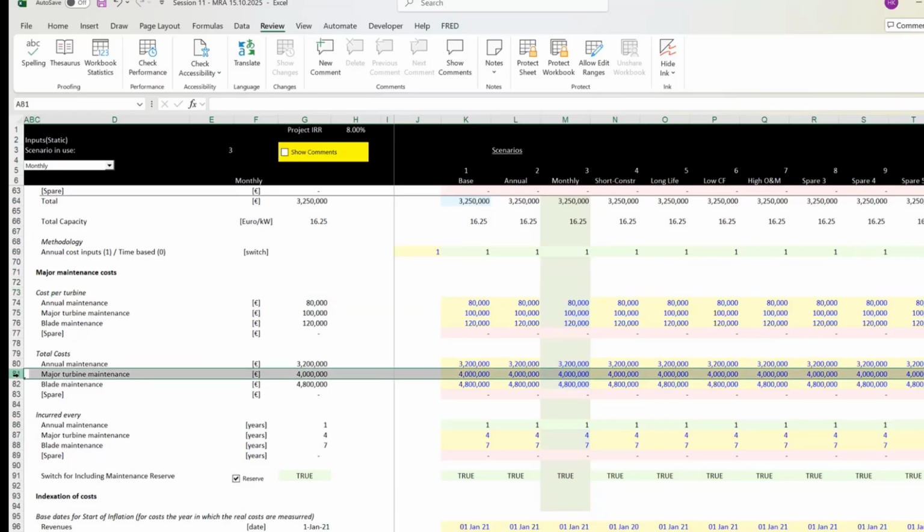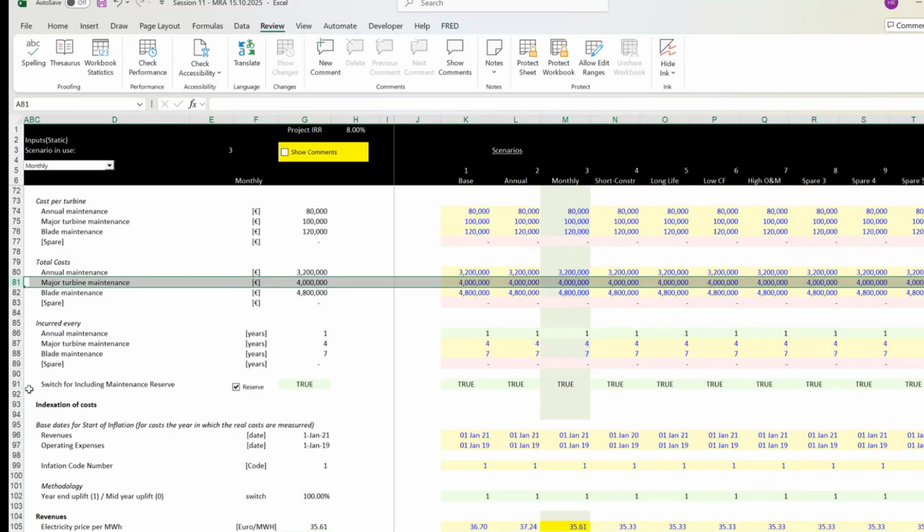And then they had some blade maintenance that occurred every 7 years. Oh, you're looking at the maintenance, great. And then I was just looking at the timing. Sorry. Oh no, you changed it, of course. Very good. So these things occurred at different timings.